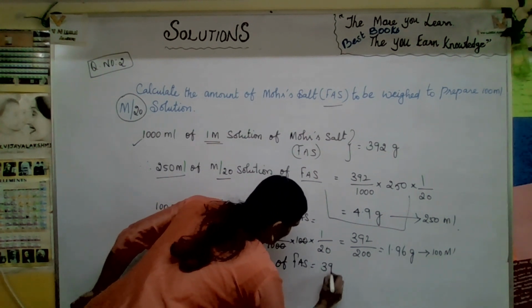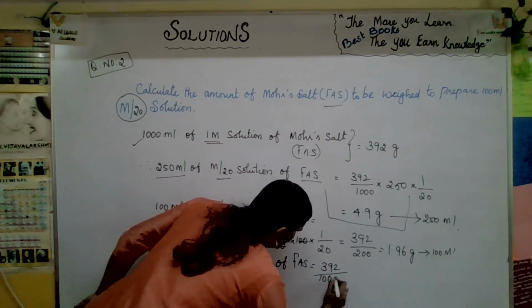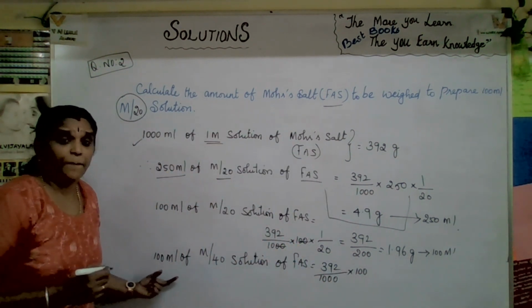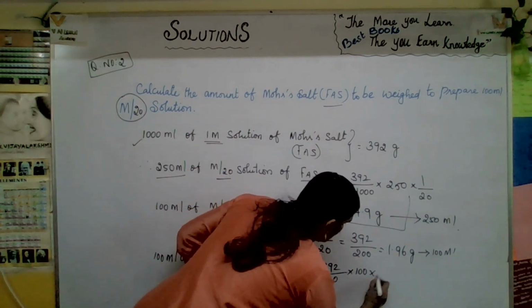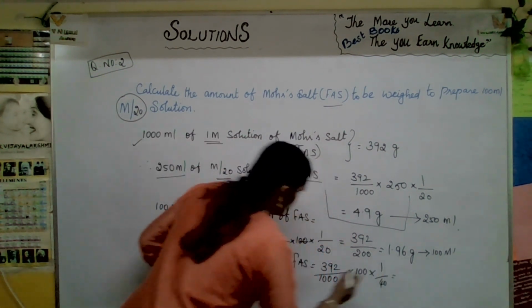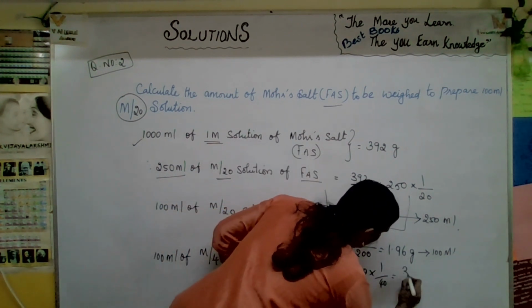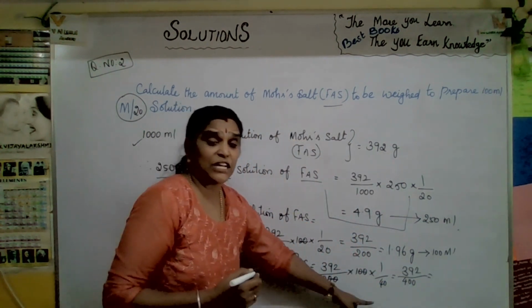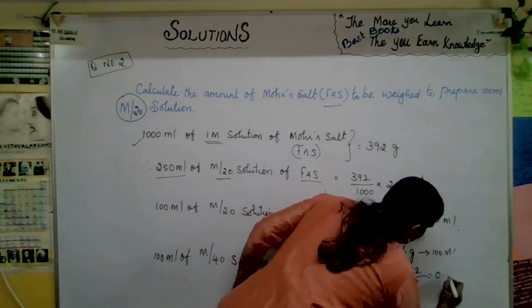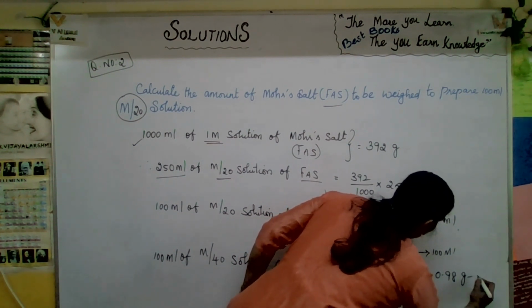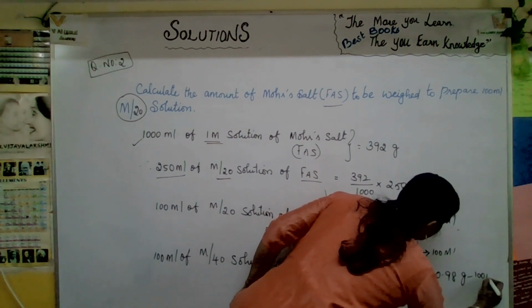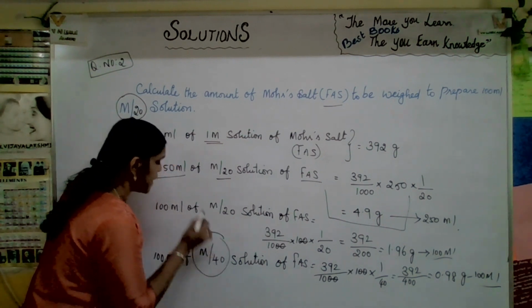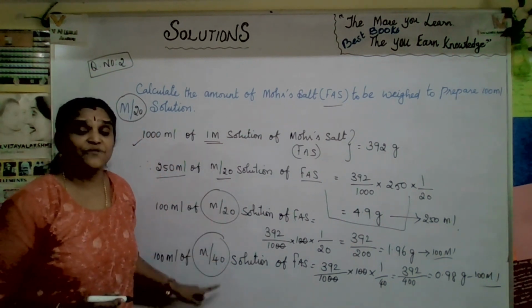So here 392 divided by 1000 into how much? 100. That much we are preparing for that solution. So 100 into 1/40. So you will get 392 divided by 400. What is the answer you will get? 0.98 gram in 100 ml. See, these both are 100 ml only. But you see, this is M/20 and M/40. That is very, very important.